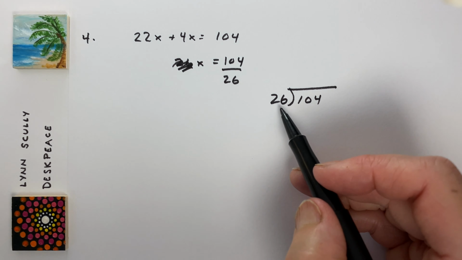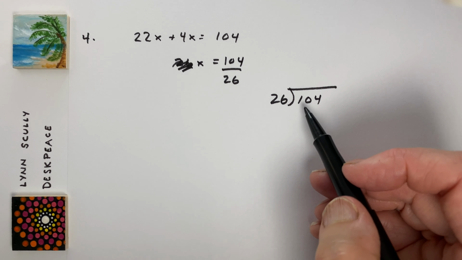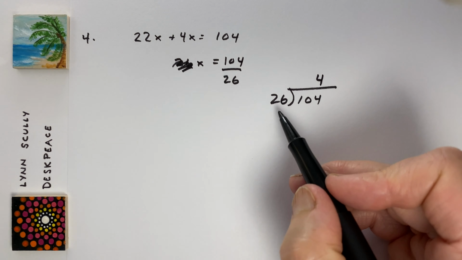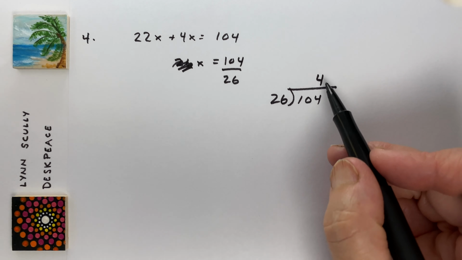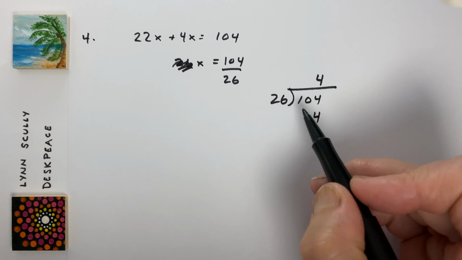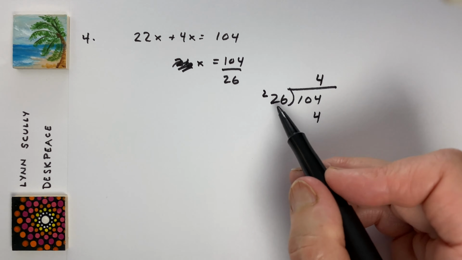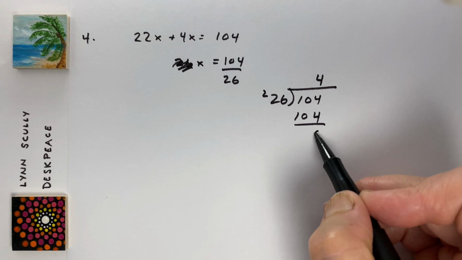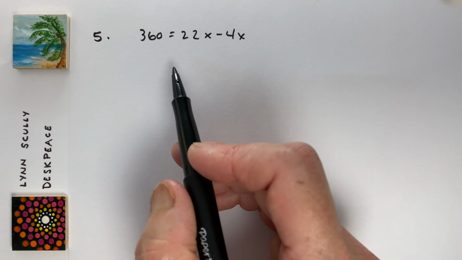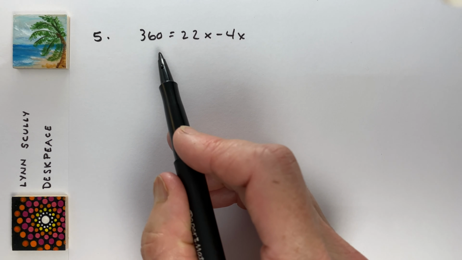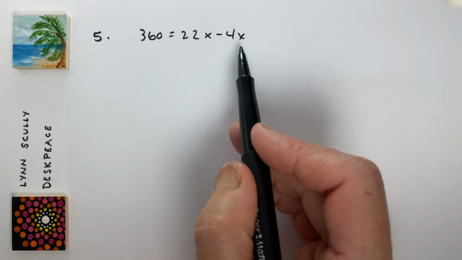Well, I know 25 goes into 104 4 times, so I'm thinking this is going to be 4 because it's 1 more than 25, and I have an extra 4 here. 4 times 6 is 24. Put up the 2. 4 times 2 is 8, 9, 10. Yep, x is 4.